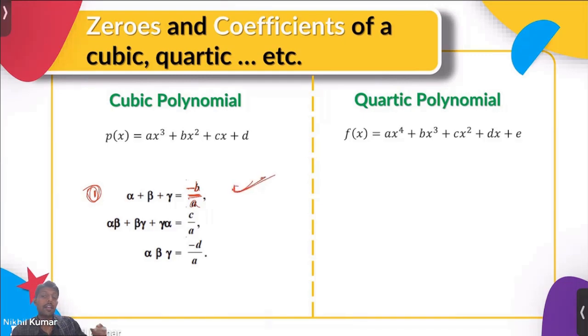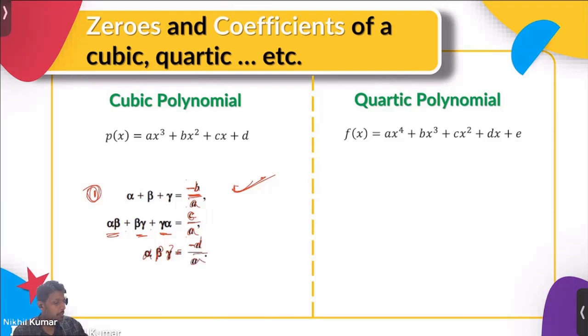And then the sum of zeros taken two at a time, alpha beta plus beta gamma plus gamma alpha, is going to be c by a. Things start changing from here. And finally the product of roots, alpha beta gamma, is minus d by a.